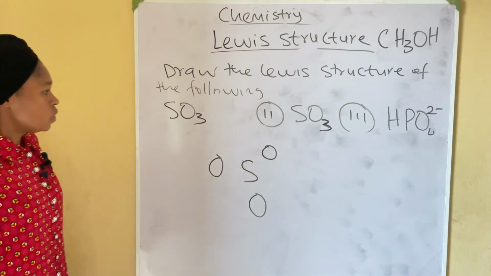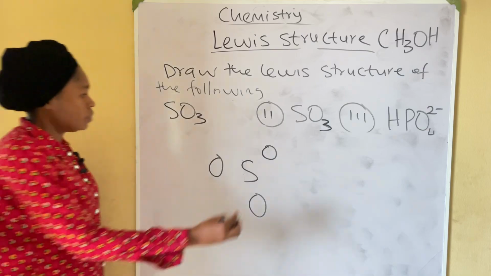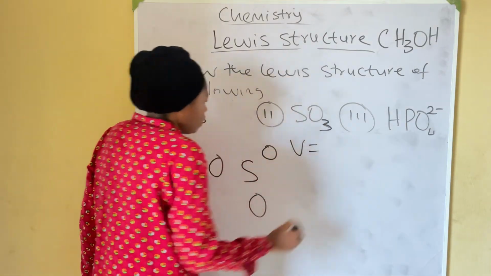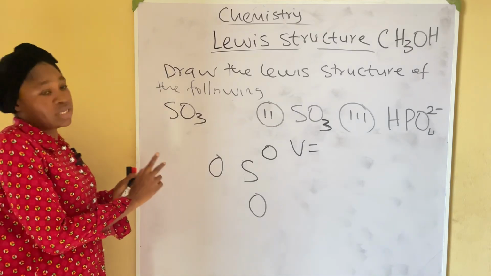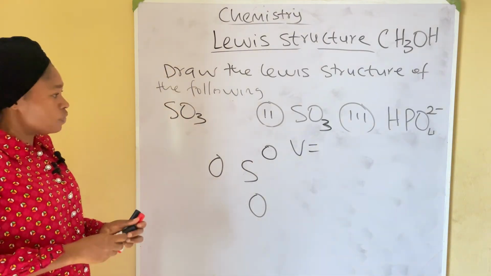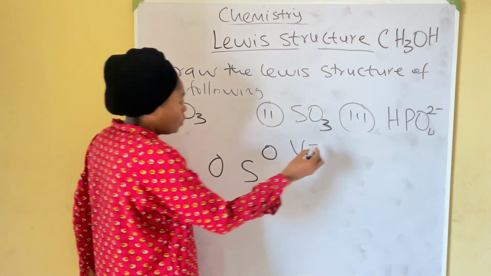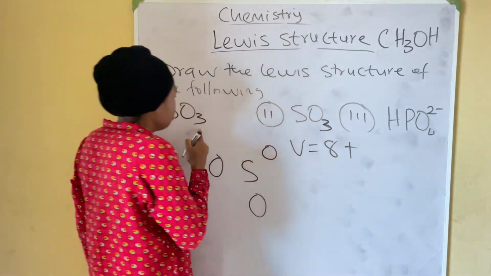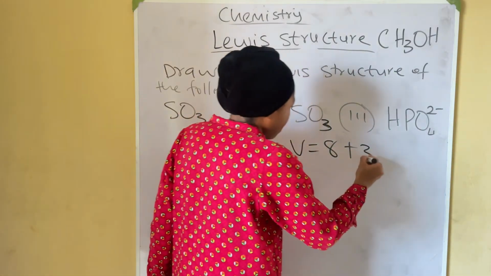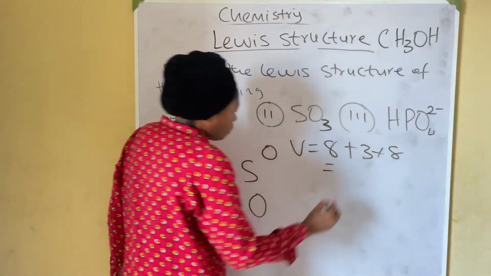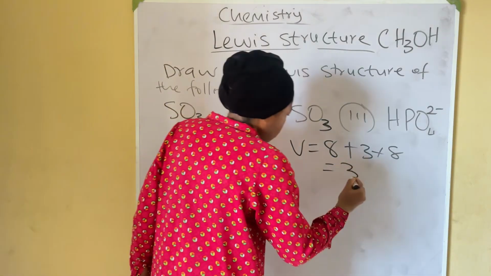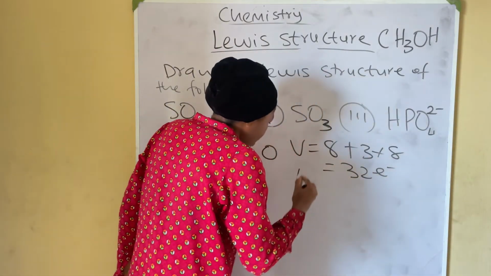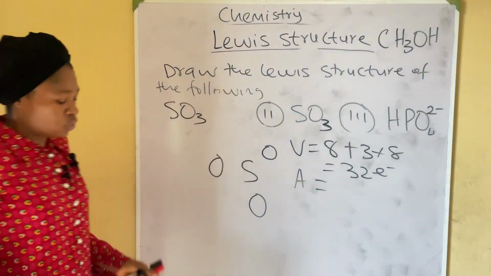We're going to calculate our V, the valence electrons required by each of these atoms to acquire a noble gas configuration. For sulfur I have 8, and for oxygen, 3 atoms, 3 times 8 is 24. So 8 plus 24 gives us 32 electrons. What about our A, the available electrons?